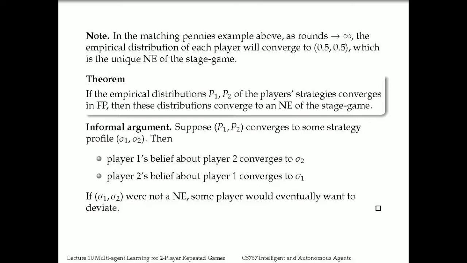Then player 1's belief about player 2 eventually converges to sigma 2, and player 2's belief about player 1 eventually converges to sigma 1. If sigma 1, sigma 2 were not a Nash equilibrium, then a player would eventually deviate and change the mixture from sigma 1 and sigma 2. So as long as this stabilizes, we know that it's definitely a Nash equilibrium.